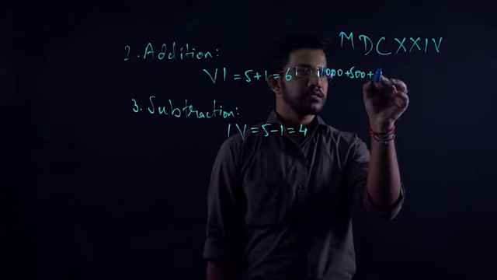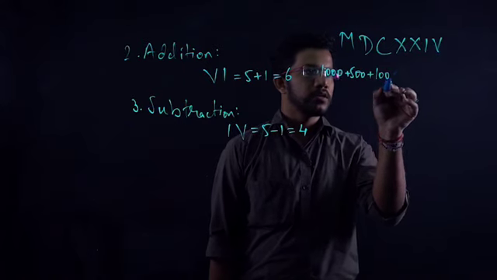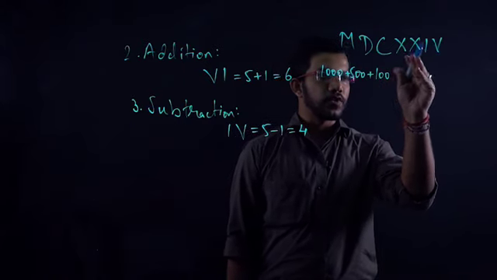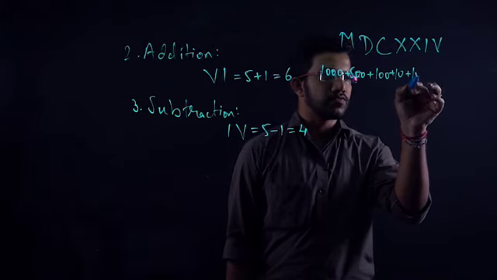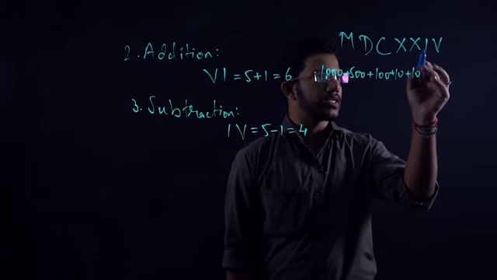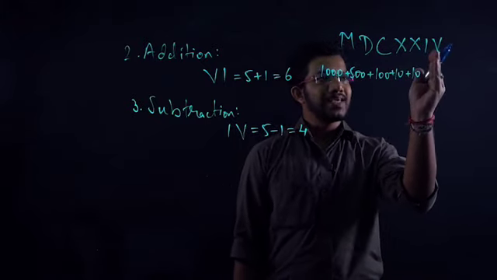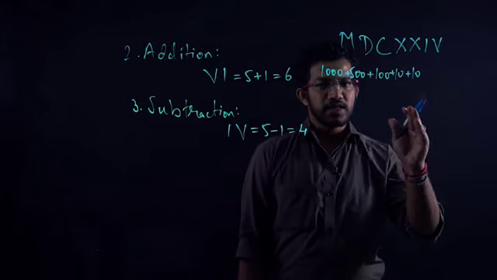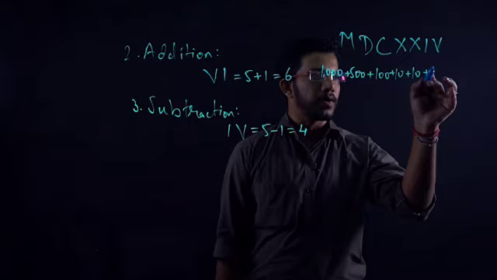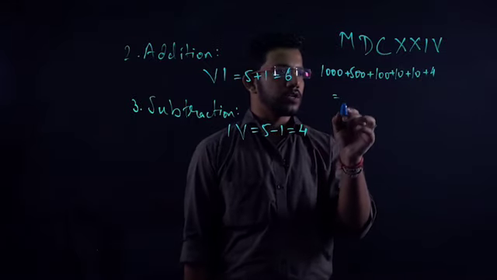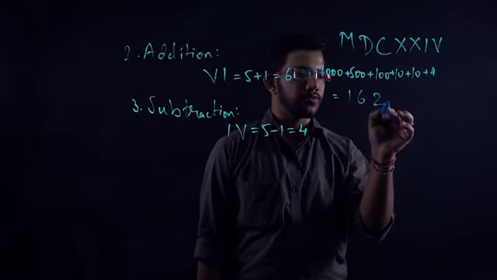Letter C stands for 100. XX, if you try to understand XX, it means 10 plus 10, which we already discussed, will be 20. I coming before V means we will have to subtract. So therefore, IV is nothing but 4, and therefore the number becomes 1624.